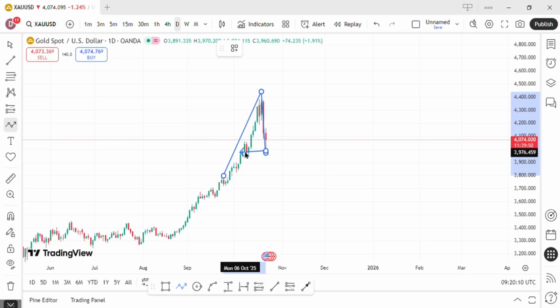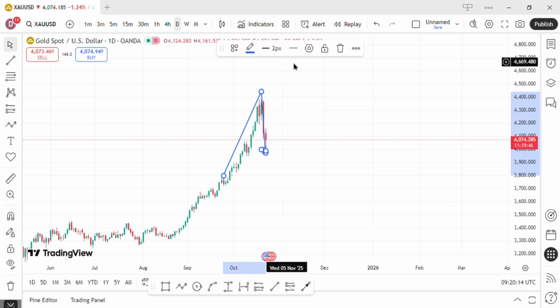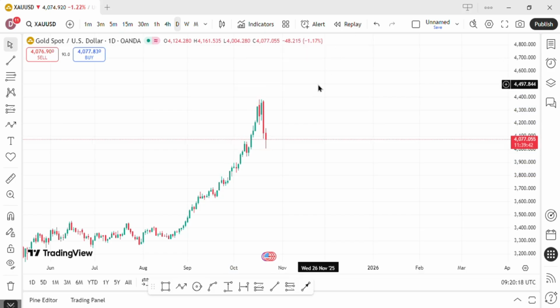So I don't think gold is going to sell down again. I think from the beginning of this week it was selling. So today is Wednesday, and I think it's not going to sell anymore. It's going to push up.